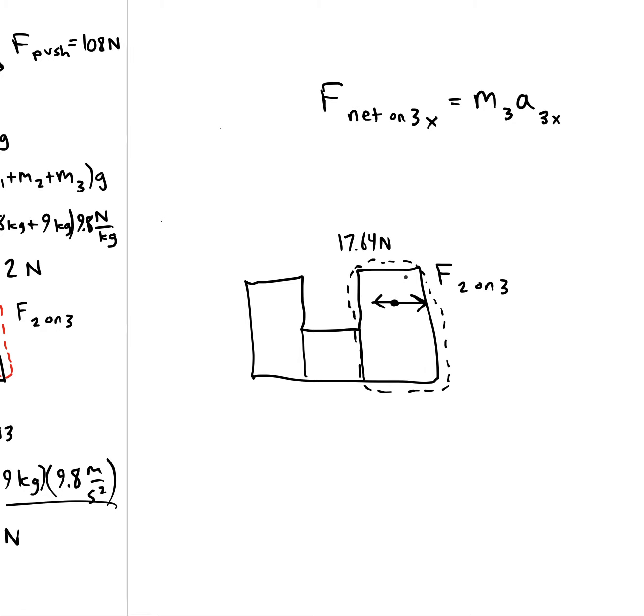But notice that the net force is a combination of two forces, Fk3 and F2 on 3. So one option would be to do this, F2 on 3 minus Fk3 to get our net force equals M3 times A.